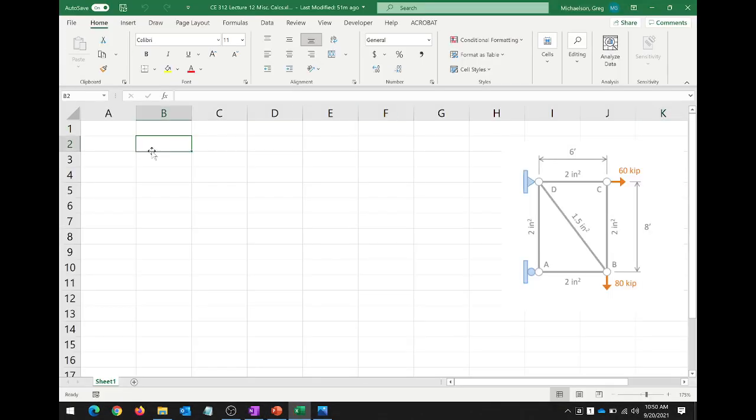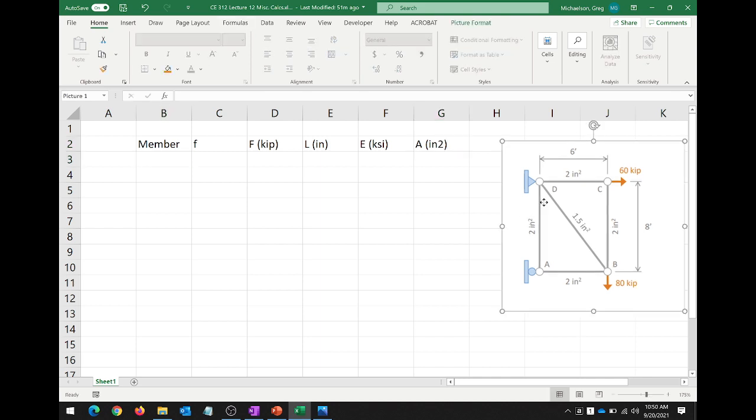Okay, so little f, big F, and this is in kips. L, what units for L? E, A.